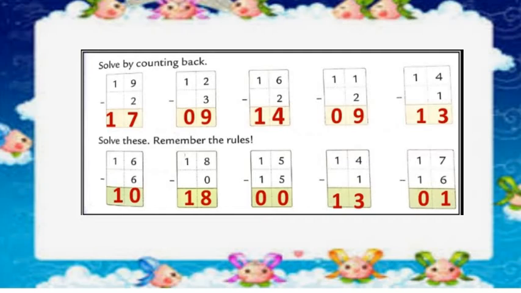We reach number 9, so we have to write number 9 in this box. Everyone write down the answer properly. Here you have to write 0, and in this box you have to write number 9. 12 minus 3, we get 9.